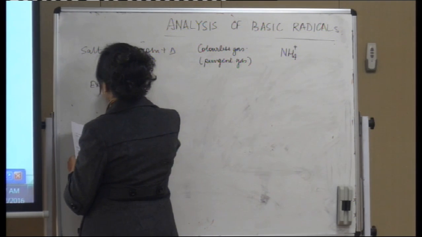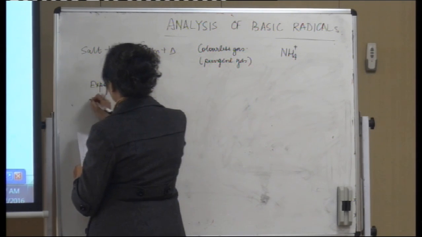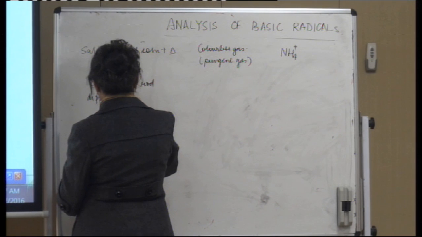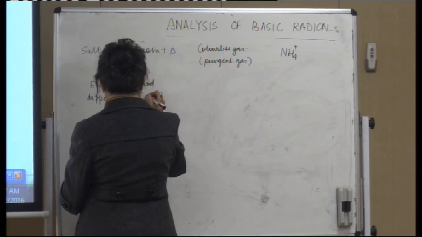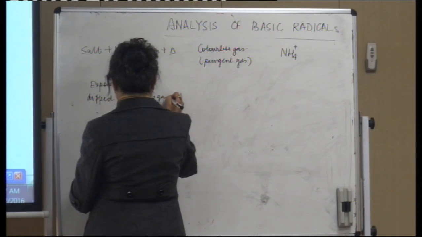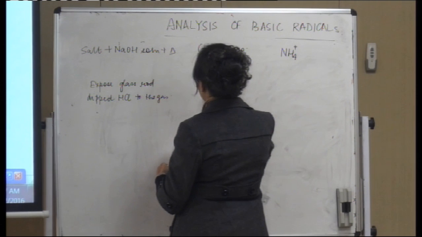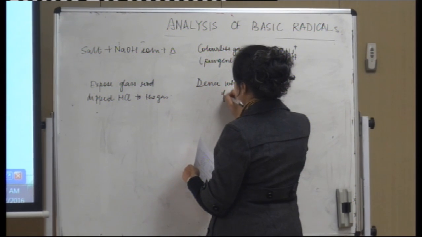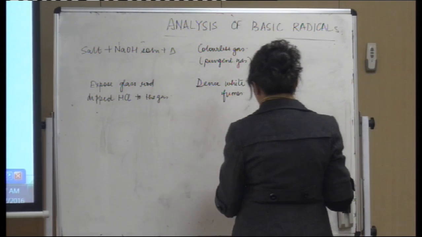Expose a glass rod dipped in HCl to the gas, and you will get dense white fumes. Dense white fumes, because the fumes get enhanced.